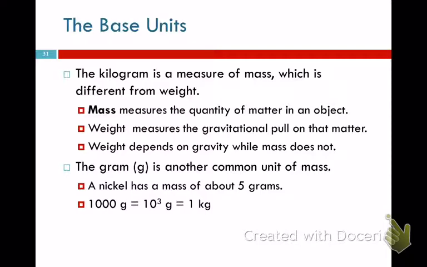The common unit of mass is the gram. There are 1,000 grams in a kilogram. Kilo, K, is what we call a prefix. Kilo stands for 10 to the third. So a kilometer would be 1,000 meters.